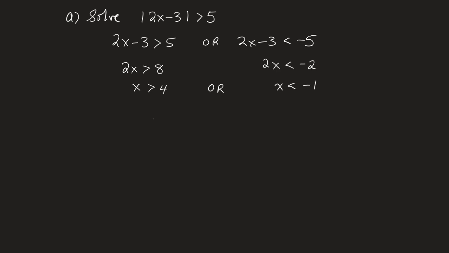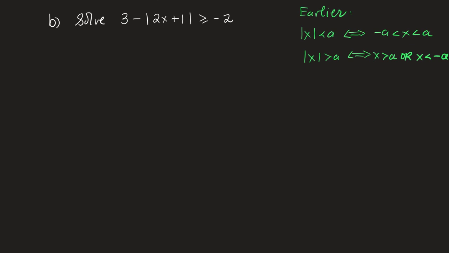So the solution is the following. We have x is less than minus 1, which gives us the interval minus infinity to minus 1, or x is greater than 4, which gives us this interval. So that is my answer.